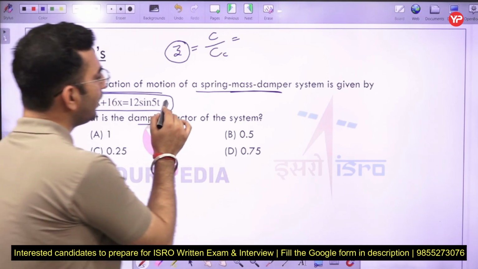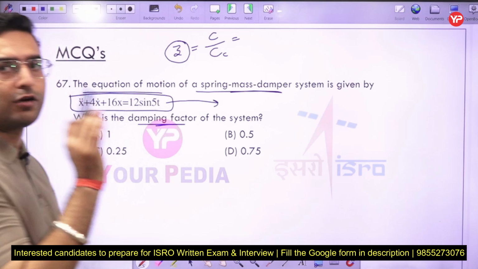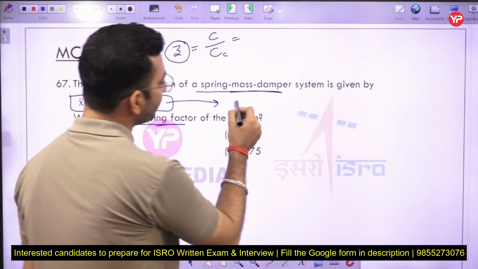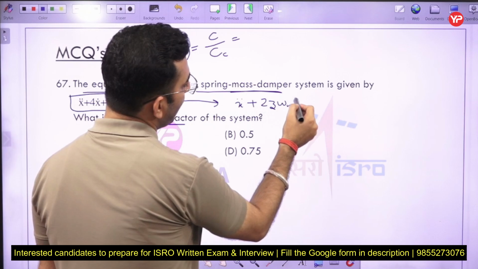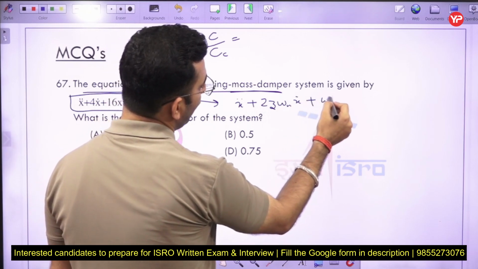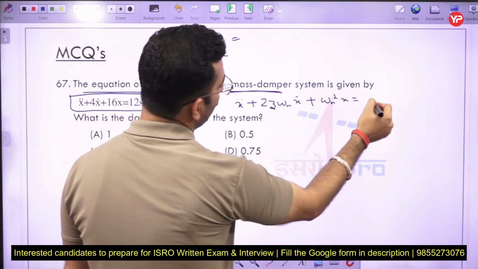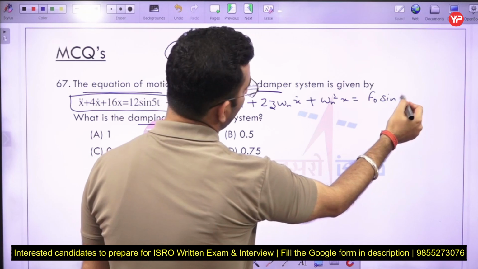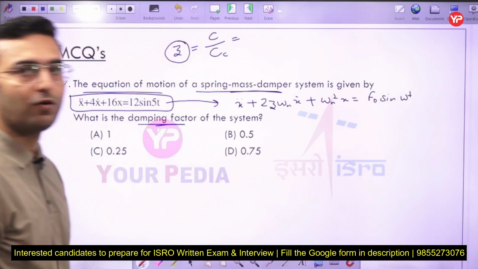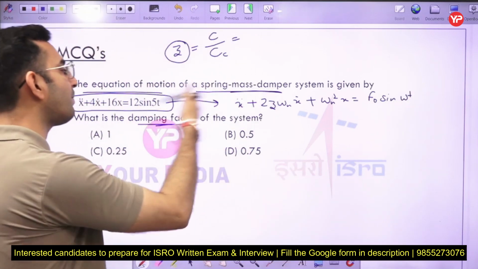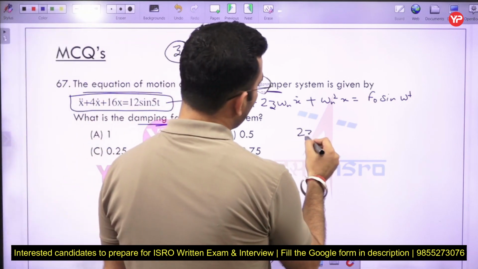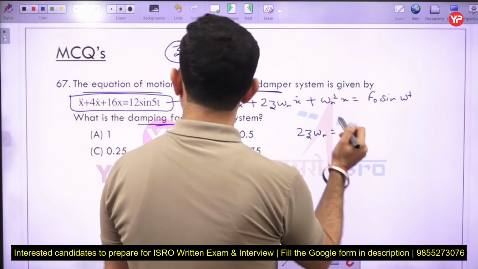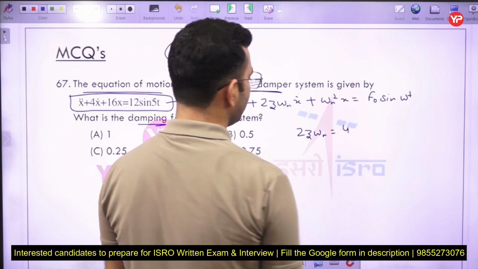And in the case of a damped system, the governing differential equation is written as x double dot plus 2 zeta omega n x dot plus omega n square x equal to F naught sine of omega t. Okay, so if you just compare these two equations, you are going to see that 2 zeta omega n is going to be equal to 4 here.